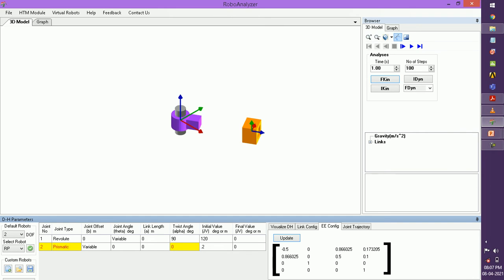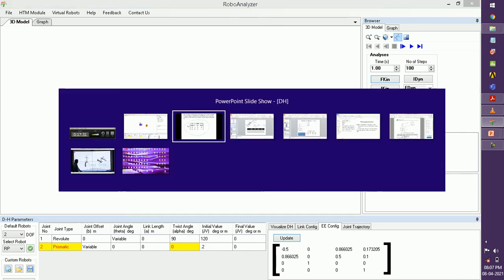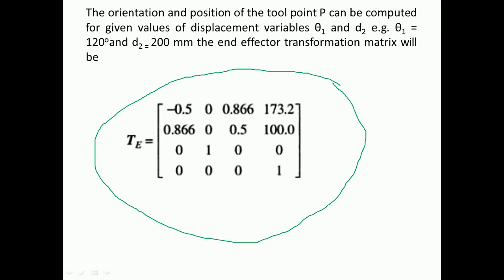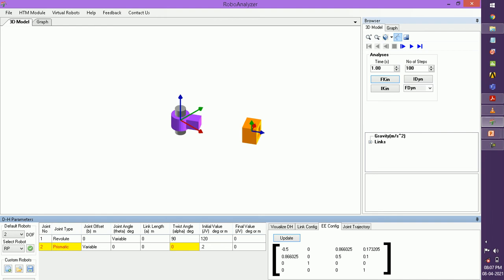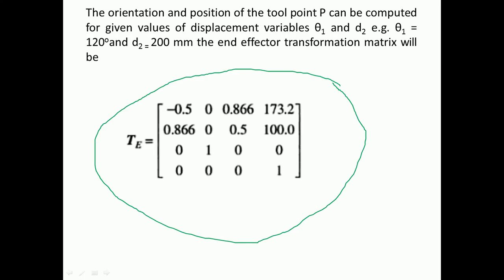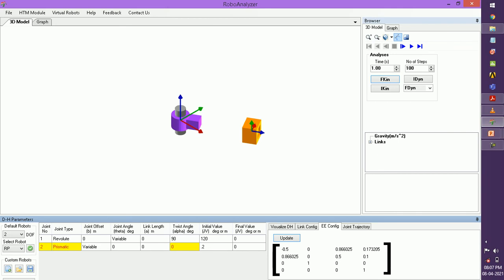Because we took all the values in meters, and over here this is 200 millimeter, the multiplication by 100 should be done. So this is 0.8666, 0.51. In a similar manner, these are the angles, and this is the d2 value. With respect to that, you have to multiply by 100, or you can use 200. So with respect to that, this will appear.